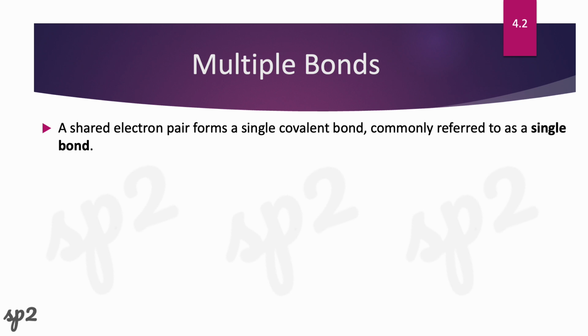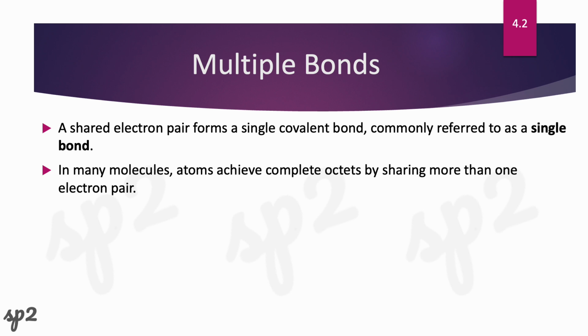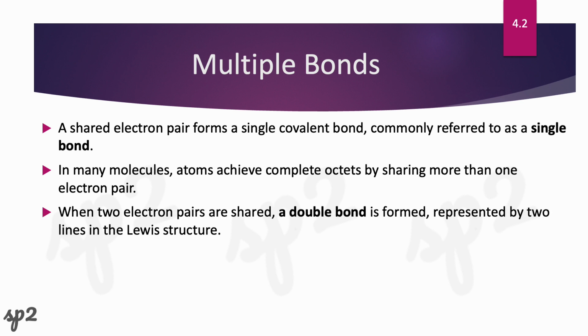Okay, now sometimes we need more than one pair to be shared in order to reach the octet. If I have just one pair, we call that a single covalent bond, or a single bond. But if I need to share more than one pair to achieve my octet, then we're looking at multiple bonds, right?